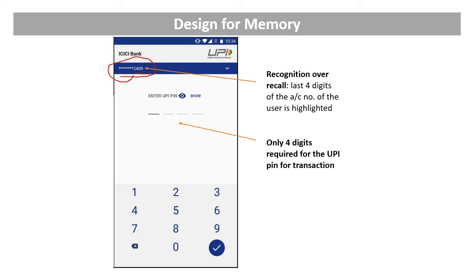He or she might have more than one account. So these last four digits can help him recognize from which account the transaction would be taking place. And also, as you can see here, for entering the UPI pin, only four digits are required, not more than four digits. So in this way, a user is not made to remember a larger chunk of information, but only four digits at maximum.